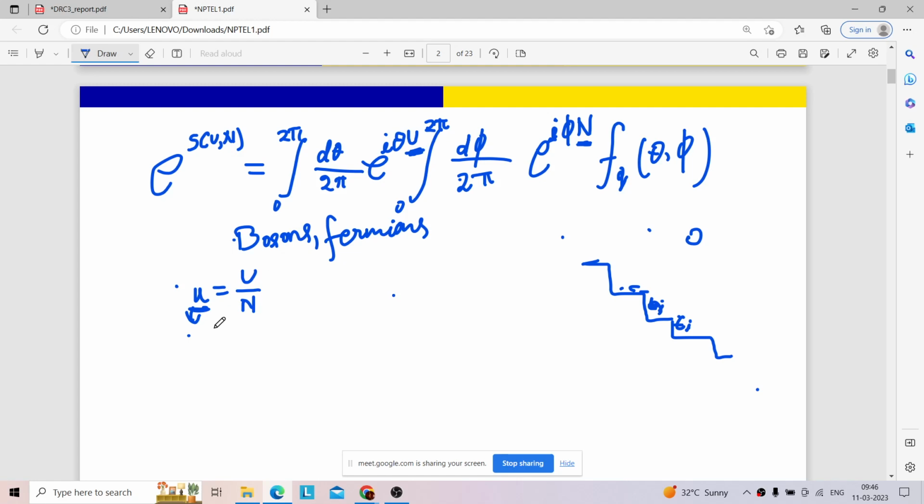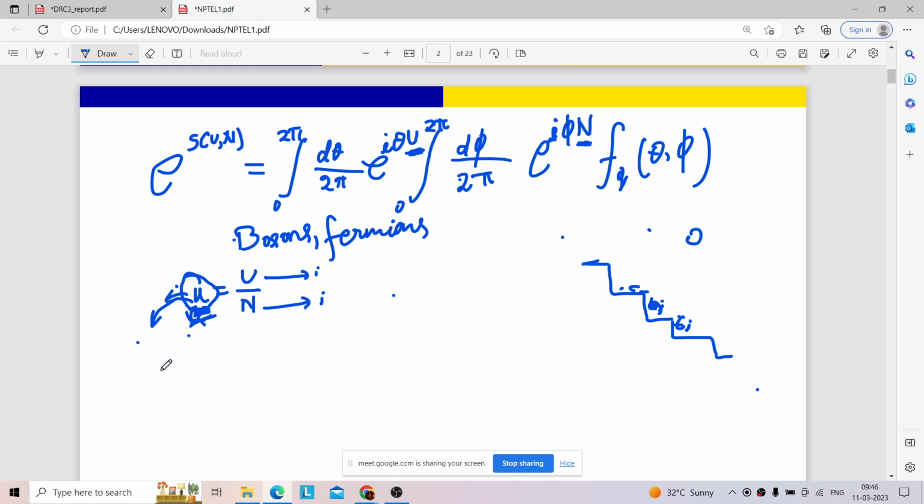We will define this parameter like this because it will be constant for our system. We will assume this to be constant for our derivation. So if the number of particles increases, then the total internal energy also increases, so that this parameter remains fixed.